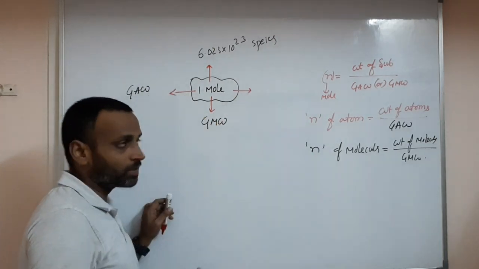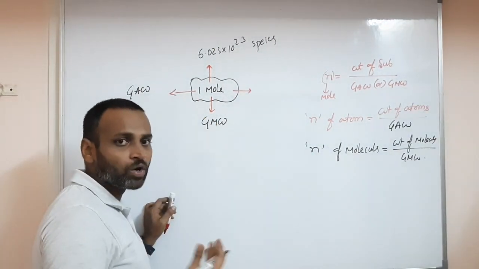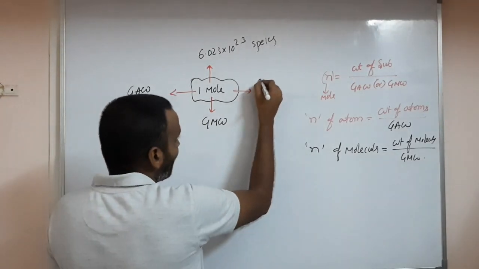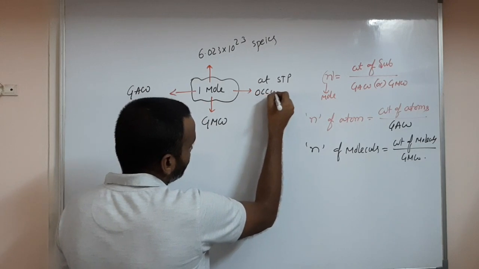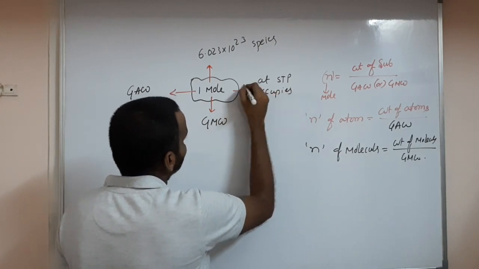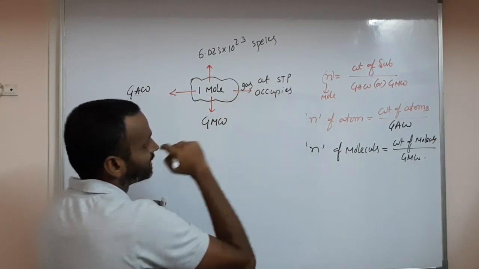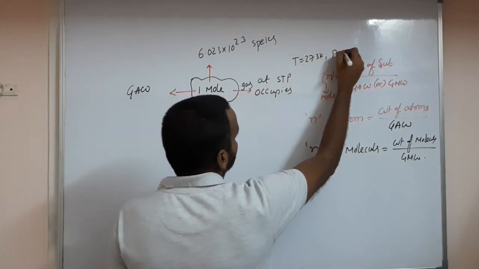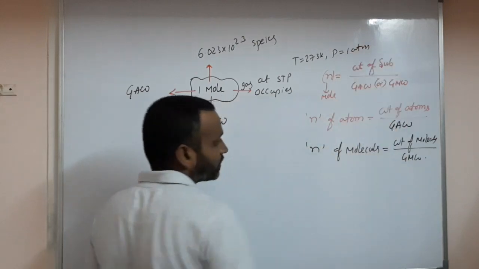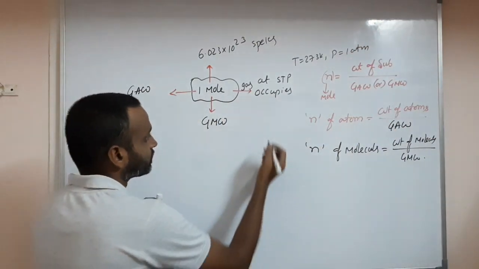1 mole of any gas occupies how much volume at standard temperature and pressure? 1 mole of gas at STP occupies 22.4 liters volume, or else 22,400 mL. STP means temperature 273 Kelvin, and the pressure is 1 atmosphere or 760 mm.